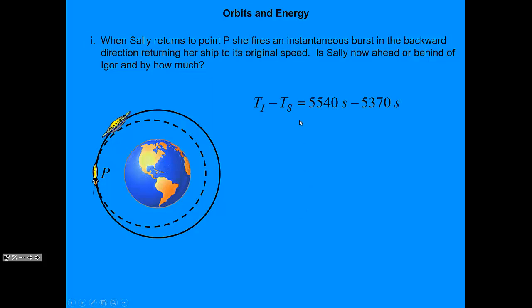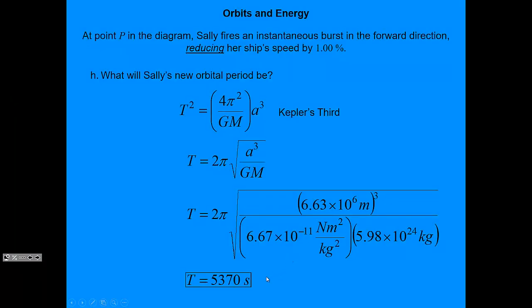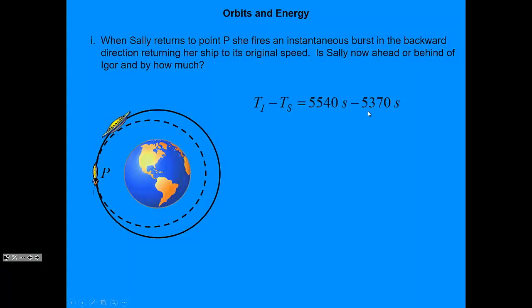Well, Igor's orbital period that we calculated right at the very first part A is 5,540 seconds. Sally's new period with her new smaller semi-major axis is only 5,370 seconds, for a difference of 170 seconds.